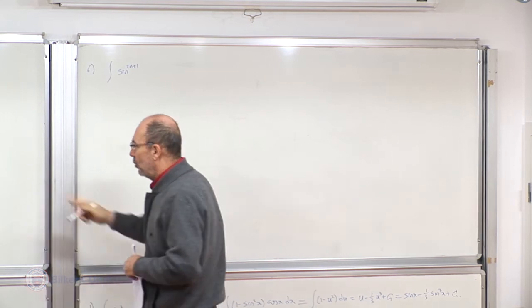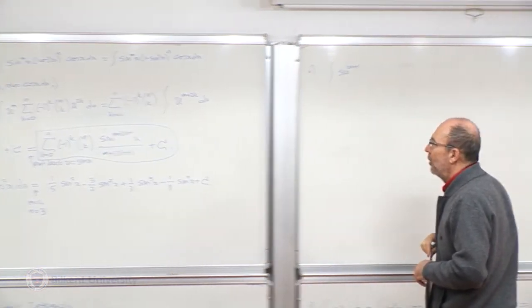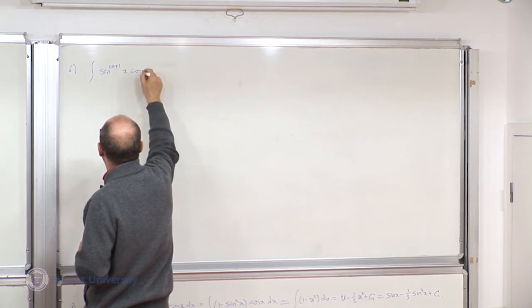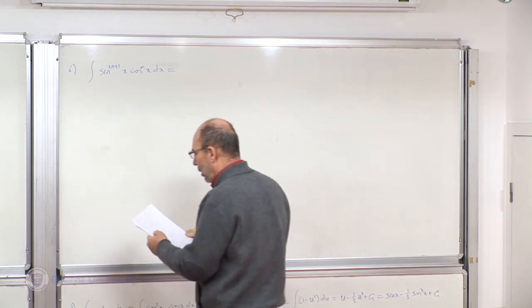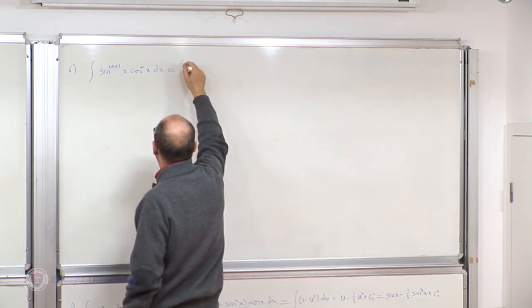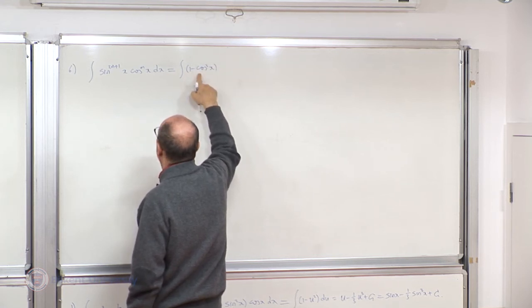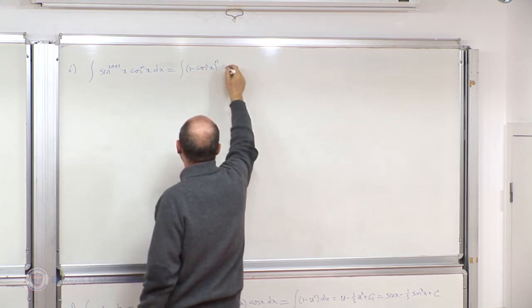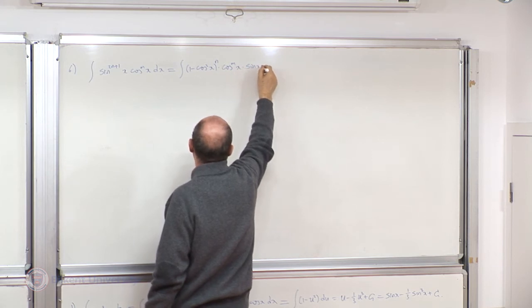I put n here so that the formulas will look similar; the places of m and n will not shift. It will look more beautiful. Again, this will be 1 minus cosine square x, so this is sine square to the power n, I have cosine mx, and I have the extra sine x dx here.